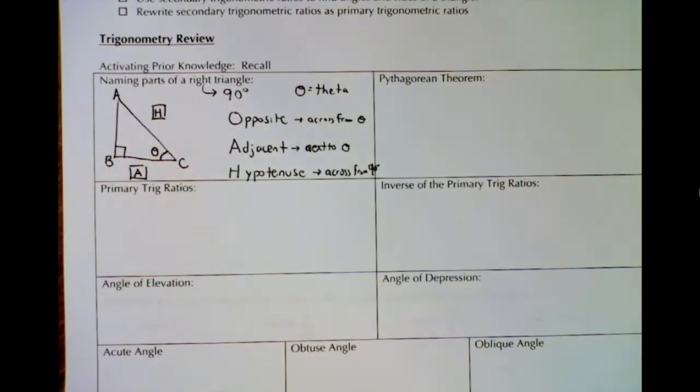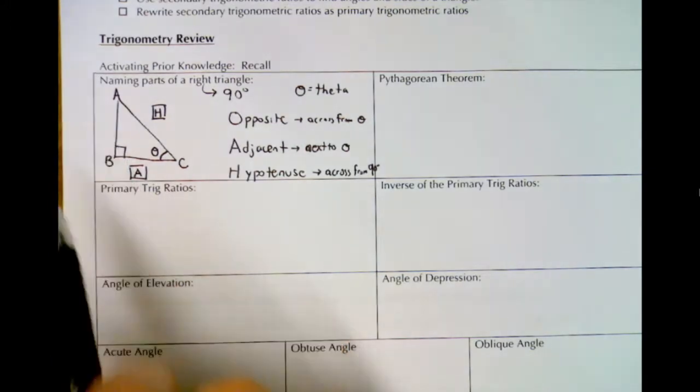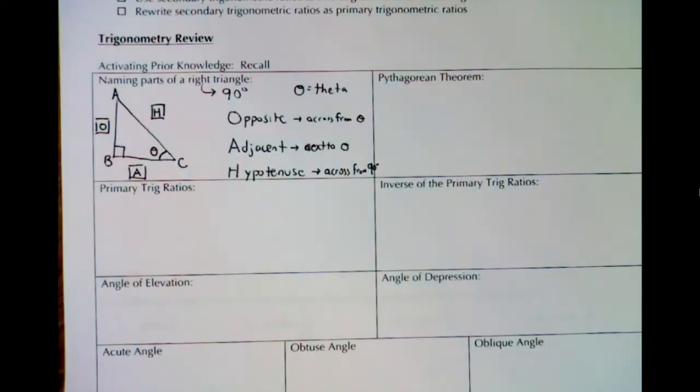And opposite should be the one across from the reference angle, and that's the side that's not touching the reference angle, and in that case that's this side over here, and that is the opposite side. So one of the required pieces from last year is your ability to draw a triangle ABC that's a right angle and then label it with O, A and H: opposite, adjacent, and hypotenuse.